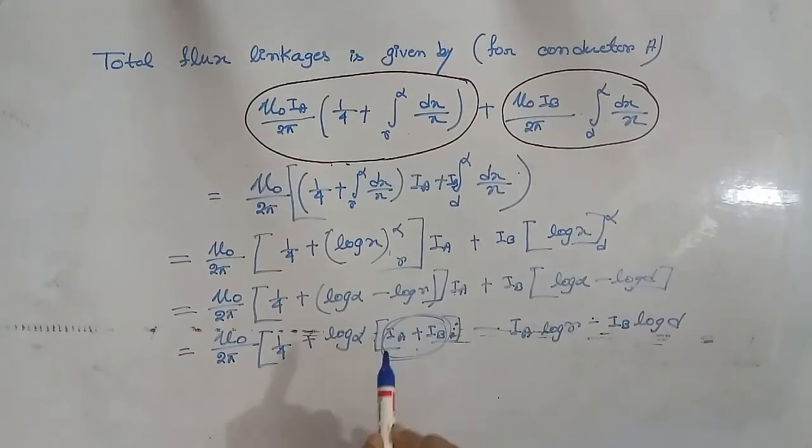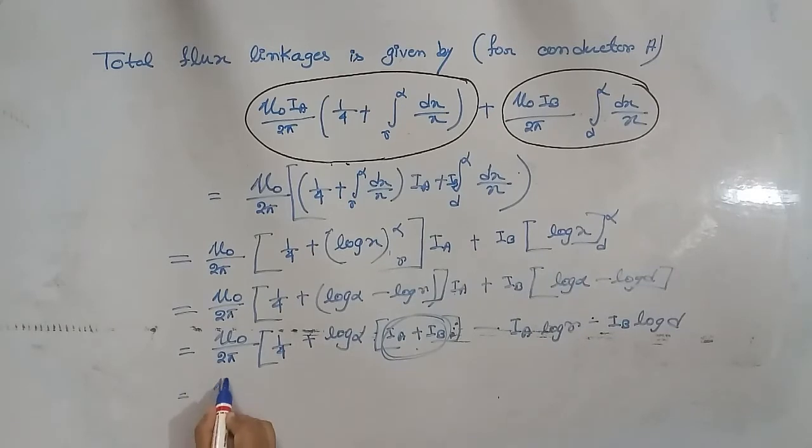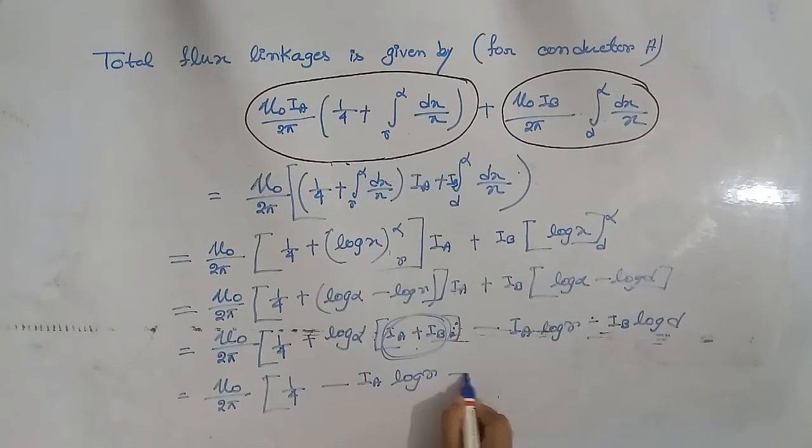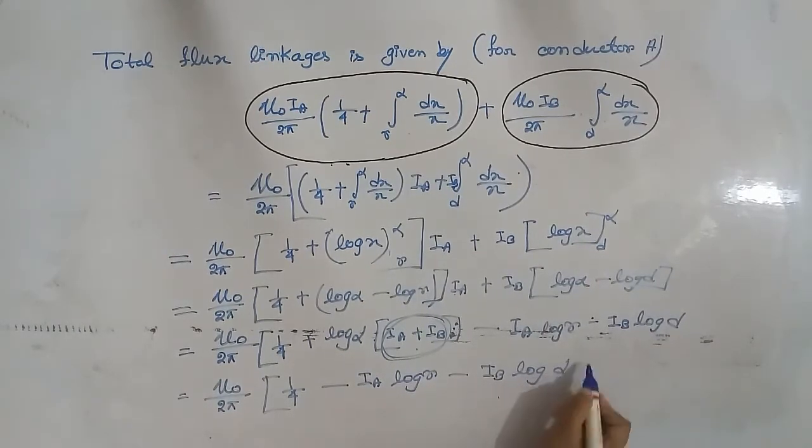IA plus IB equals 0. So we can write mu 0 by 2 pi, 1 by 4, minus IA log R, minus IB log D.